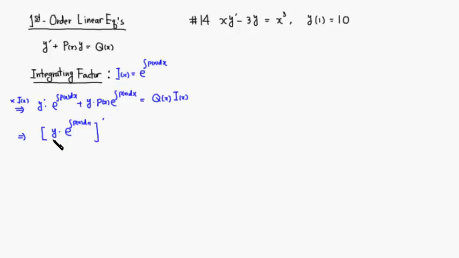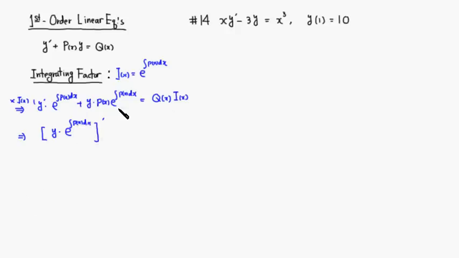The derivative of the first is y prime times the second, which gives you that. Then the first is y, and the derivative of e to the integral of p of x dx is p of x times e to the integral of p of x dx. So this is exactly the result from the derivative of this using the product rule.